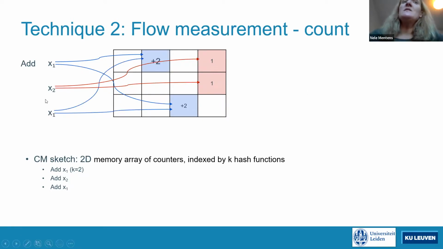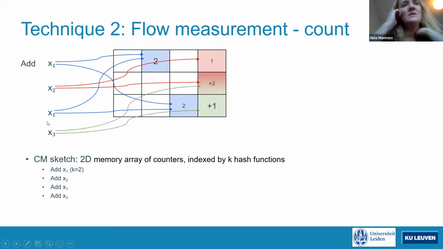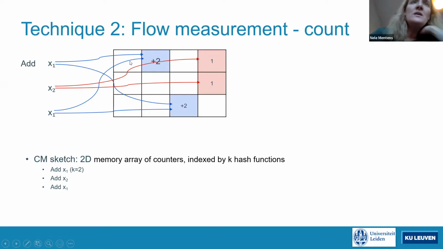Then X1 comes in again. Because this is the flow ID, and we get packets of multiple different flows, the goal is, of course, to measure whether a certain flow is sending too much or not. So there can be packets that belong to the same flow as before. X1 points again to these 2 same locations, so we do +1 for both locations.